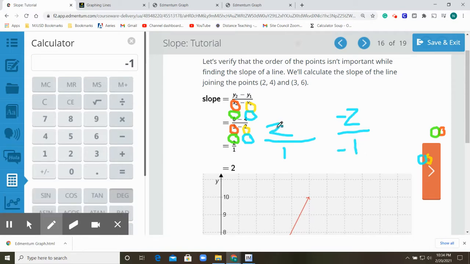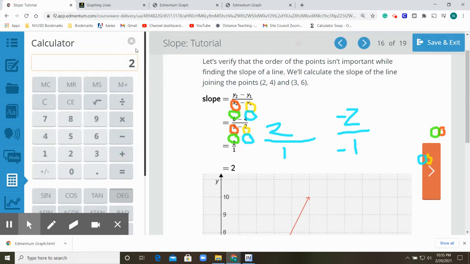Earlier, they showed that it didn't matter which way you did it as long as you did it in the right order. And what that means is negative 2 divided by negative 1 equals 2.